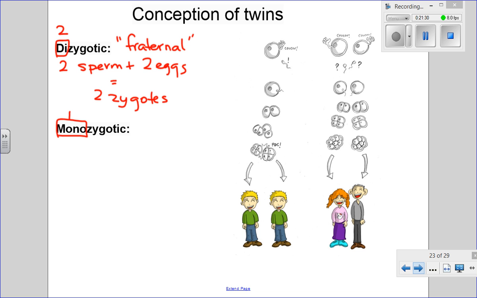They are no more similar than any regular brother and sister. Fraternal twins could be two females, it could be two males, or it could be a female and a male. And that's because there's nothing necessarily identical about them. It was two different sperm, two different eggs.